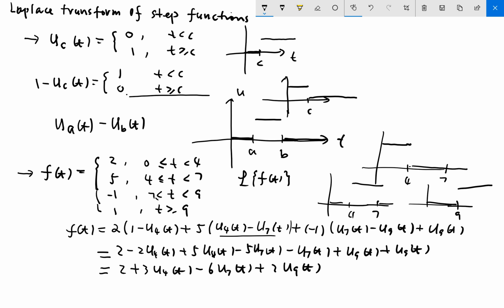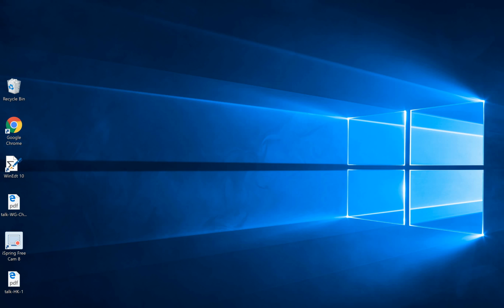If we know how to find the Laplace transform of the step function, then we can find the Laplace transform of f(t) easily.